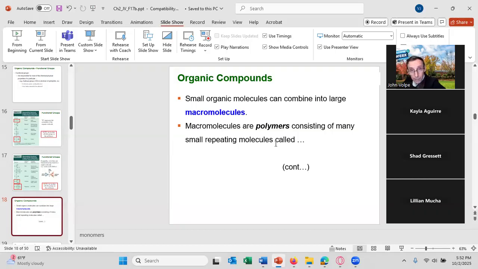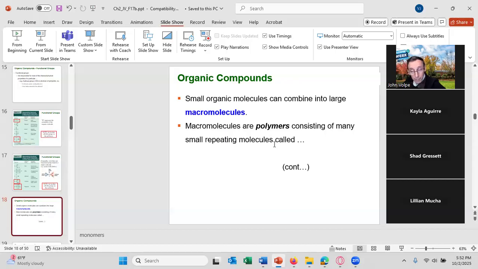Three of the biological molecules are macromolecules made up of polymers, and that would be the carbohydrates, the nucleic acid, and the proteins. They are all macromolecules, meaning polymers made up of monomers.